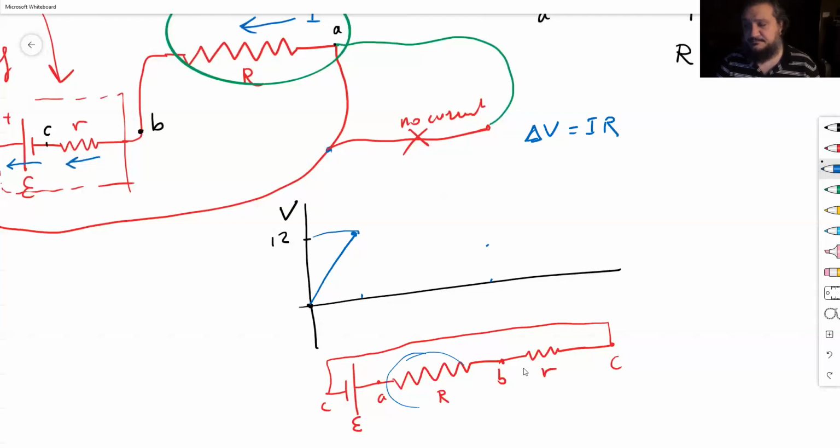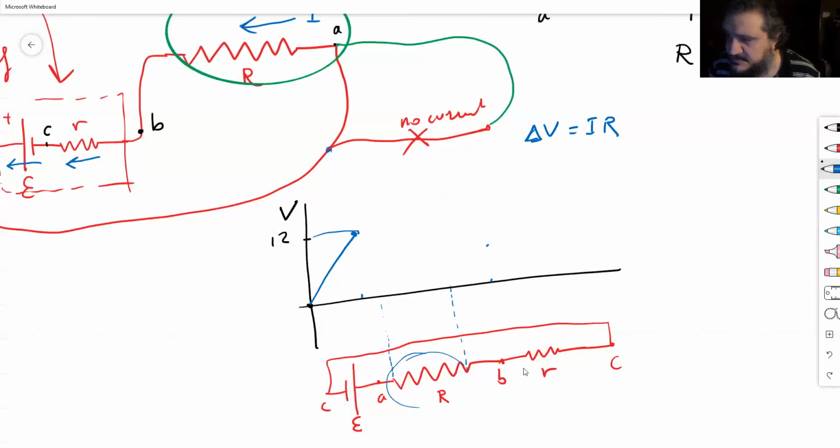So, something like this. Actually, you know what? Let me just draw this line here for where R is. Like this. And I'm going to do the same thing for the EMF.